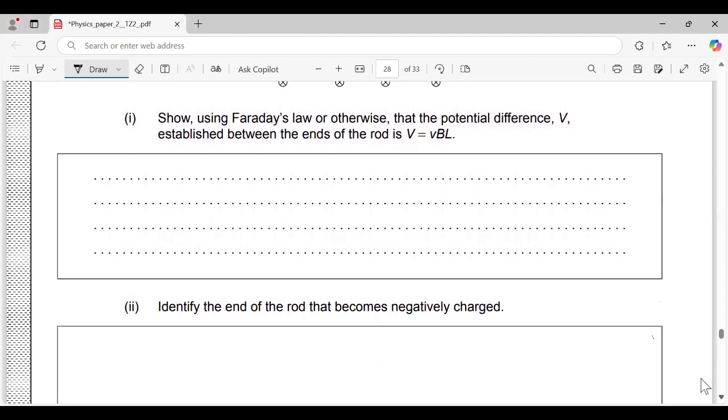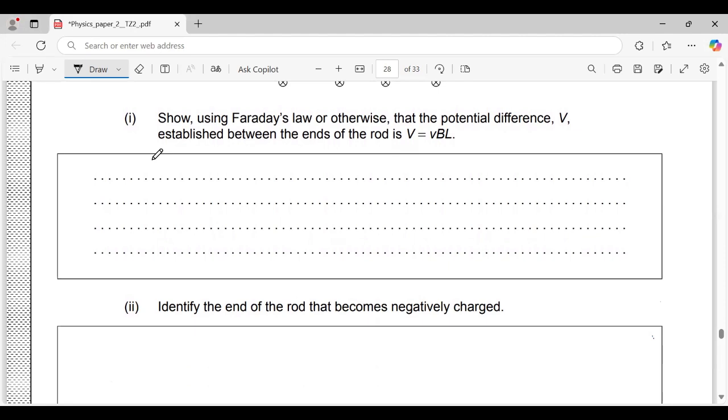Faraday's law states that the induced electromotive force in any closed circuit is equal to the negative rate of change of the magnetic flux through the circuit.